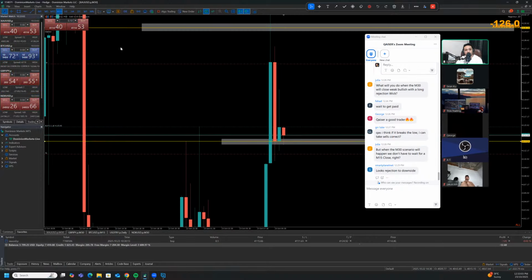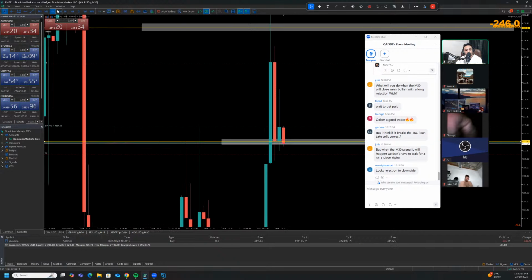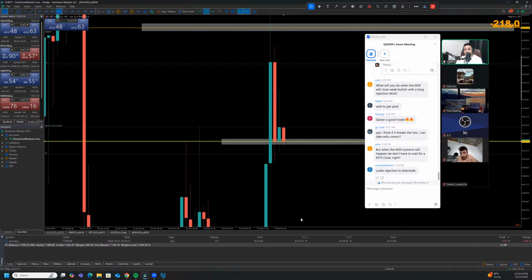So let's see, it's not even breaking above its own high. It's showing a strong bearish momentum. Wow, damn, breaking its own low again. I'm not comfortable with the sells now. I'm more comfortable with the buys right now.